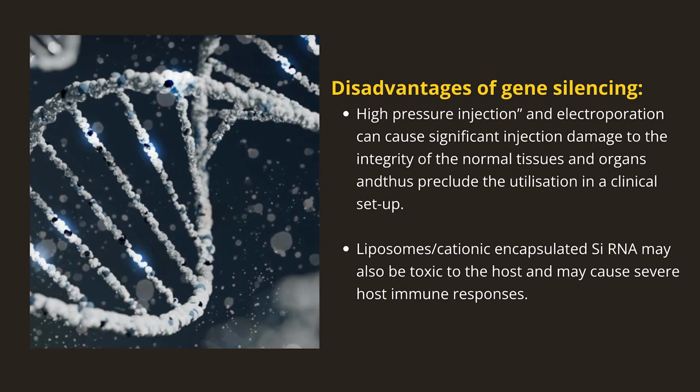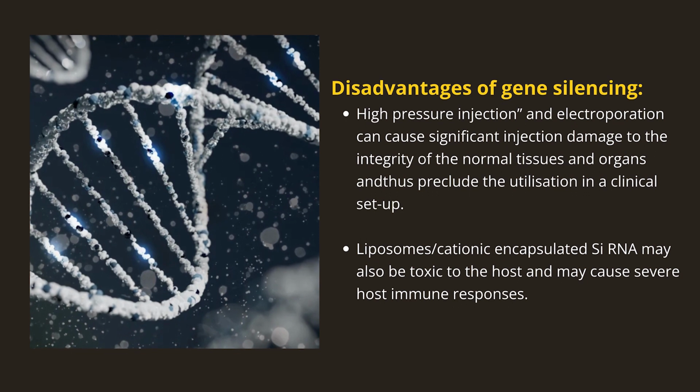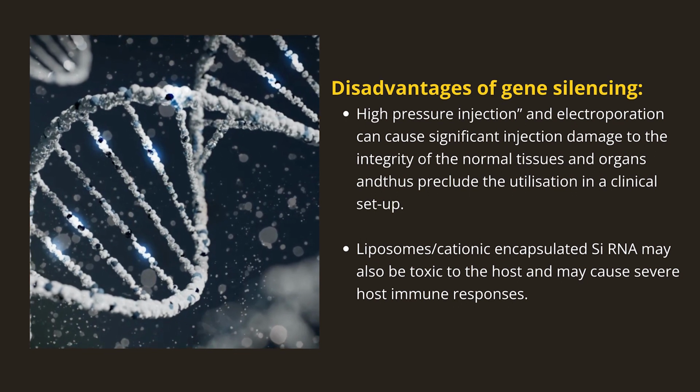Disadvantages of gene silencing: the first one is that high pressure injection and electroporation can cause significant damage to the integrity of normal tissues and organs, and thus preclude utilization in a clinical setting. Thus, they are not preferred for clinical studies.